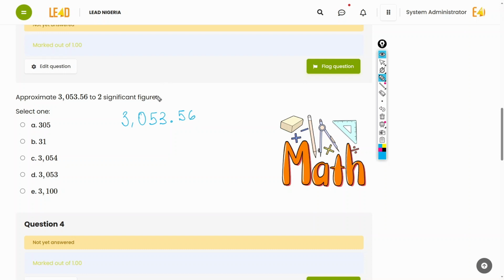All right, so again to our rules for significant figures. First rule is that all non-zero digits are significant.